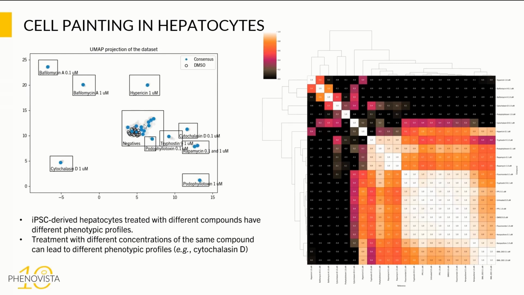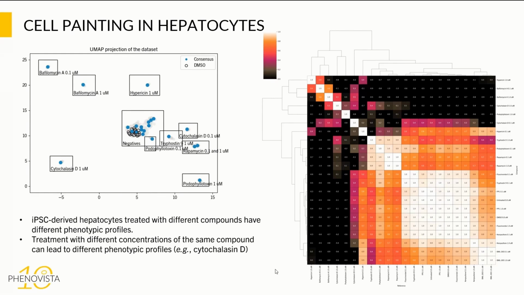And the same data can be represented in a heat map here, where you can look at the correlation coefficient between those different fingerprints. So the lighter the color, the more similar they are. The darker the color, the more different they are. And then you can use this to have a ranking system of how different the phenotypic profiles are that these treatments induce.